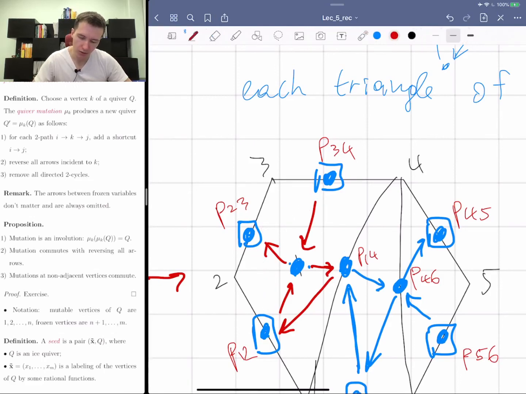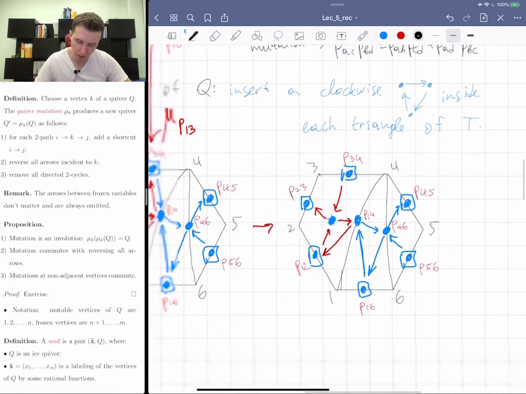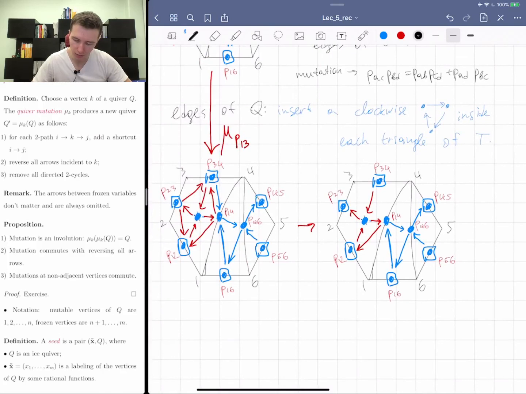And so now the last step is I'm going to draw the diagonal. Originally I had the diagonal from 1 to 3, but then I'm going to flip it to the diagonal from 2 to 4. So 2, 4 is my new diagonal, and you can see that I got these new rectangles, and inside of each of them I have this clockwise triangle again.